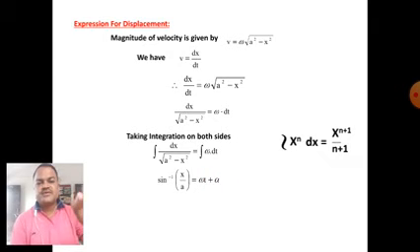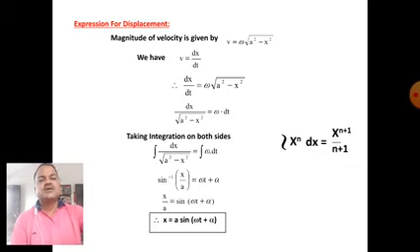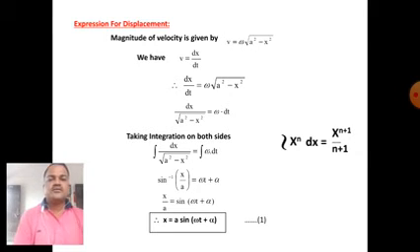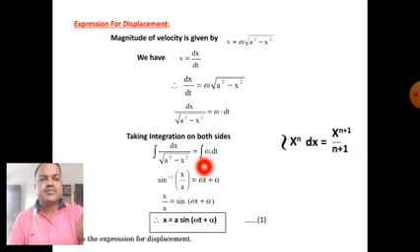In the previous article we got the c value as integration constant; here we get the alpha value. This alpha is called the integration constant, whose value depends upon the initial condition. In the velocity expression, the integration constant depended upon the extreme condition, but here the value of alpha depends upon the initial condition of linear SHM. So we get sine inverse of x upon a is equal to omega t plus alpha.